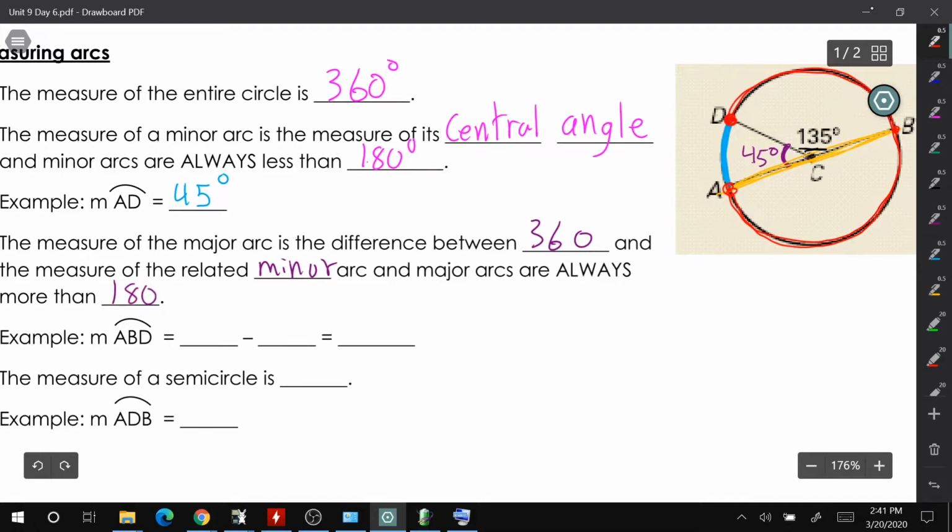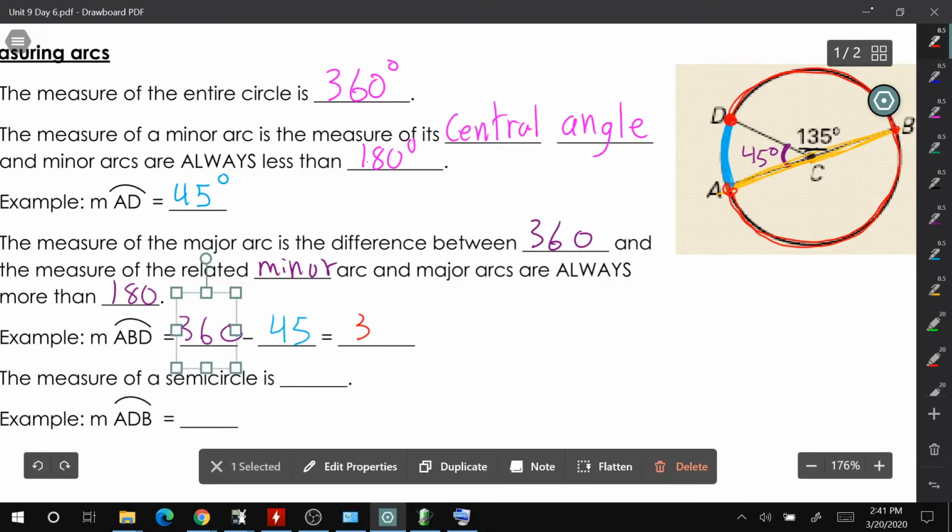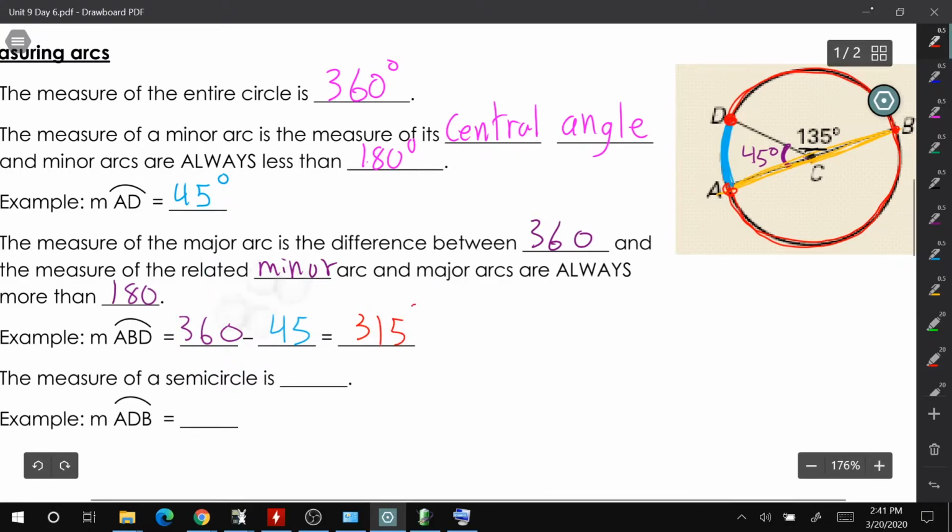So if we do the whole circle, 360 minus this part that's 45, that will leave us with what is left over, or 315 degrees.